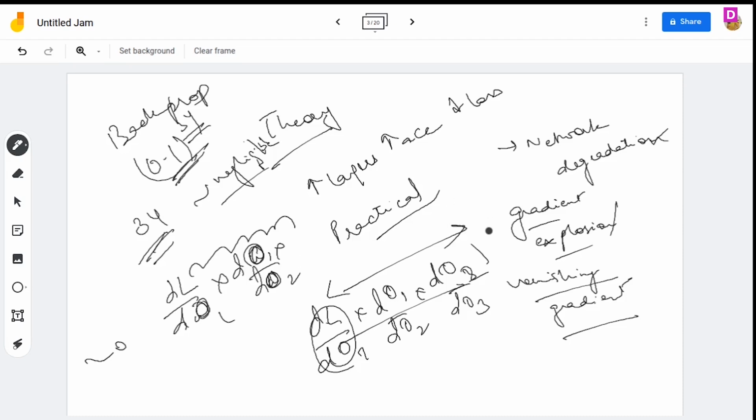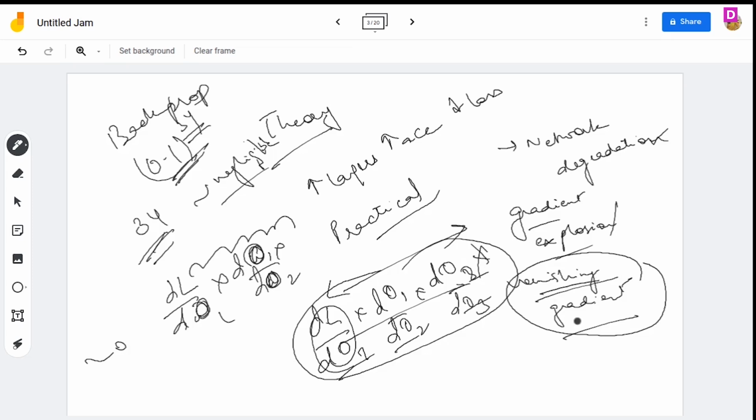You are not updating the value in any way. This is known as the vanishing gradient problem. That means because of these gradients, the chain rule, the whole update is getting vanished, hence vanishing gradient. Now gradient explosion, what does that mean?